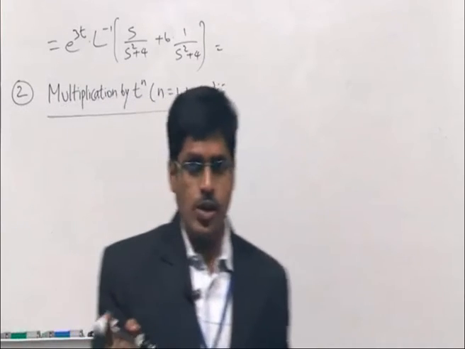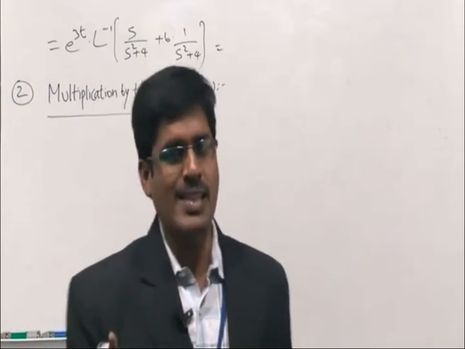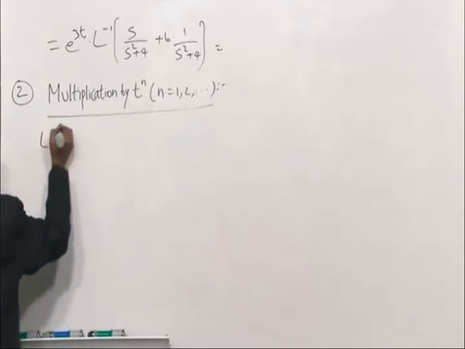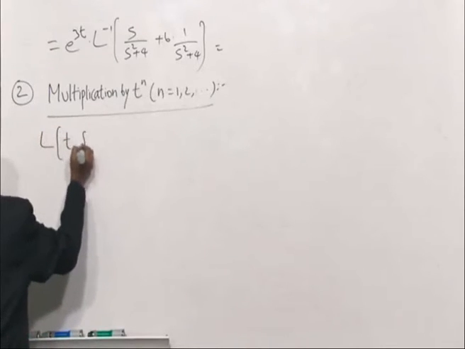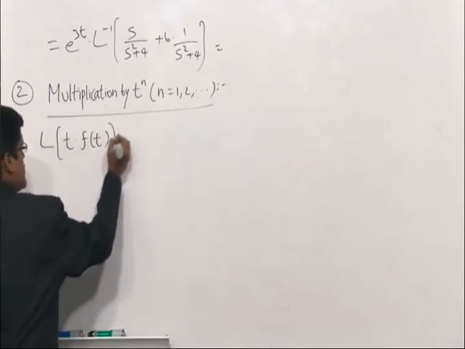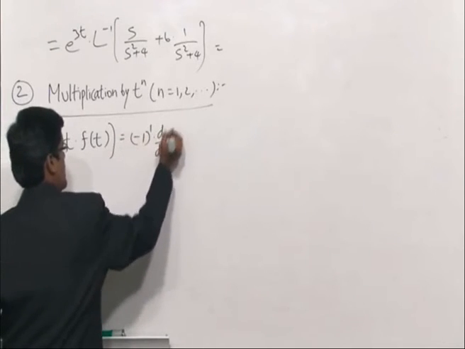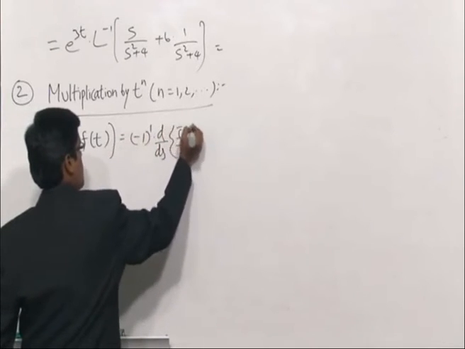If L of f of t is equal to f bar s, that is, in the problems you properly select f of t. L of t times f of t is equal to minus 1 whole power 1 d by ds of f bar s.